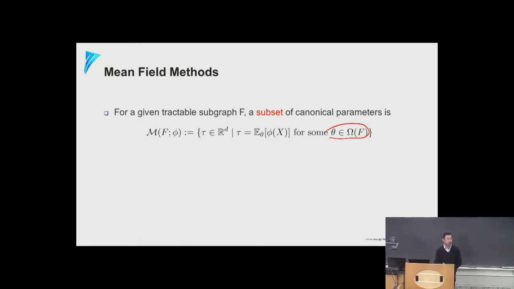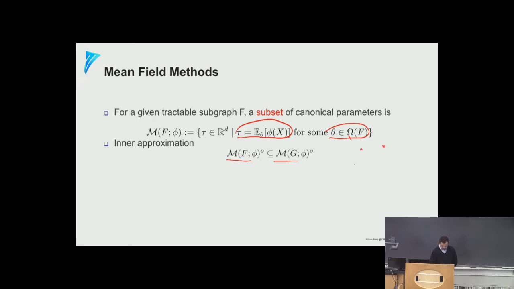And we define a new space for the mean parameters, which are those mean parameterizations corresponding to the theta that is constrained by the subgraph, right? And this defines a new subspace, which is known as the inner approximation to the full marginal polytope.